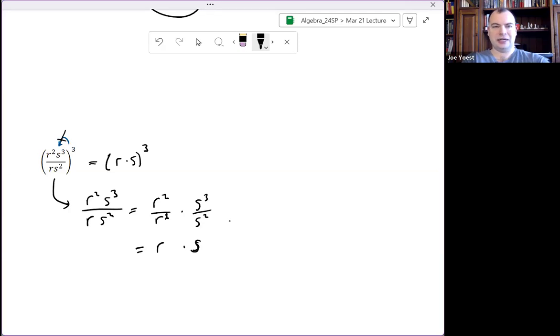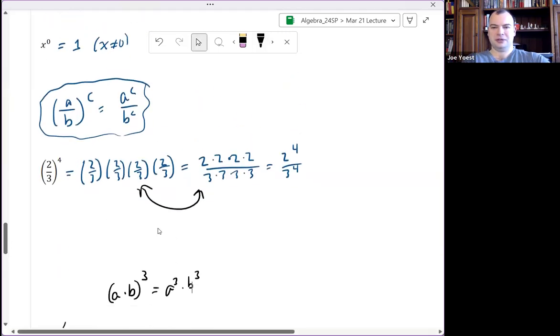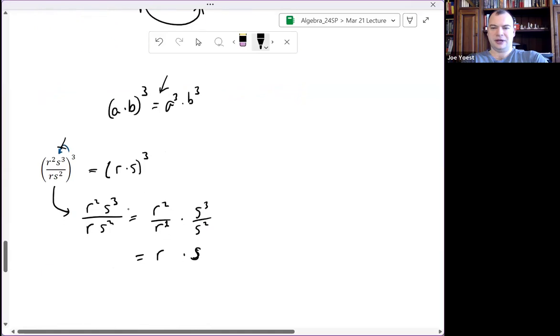So I've simplified a whole lot inside the parentheses before distributing this power of 3. The other thing that I might remember from a previous section is the product to a power property, this essentially distributive property. A times b cubed is a cubed times b cubed. So we have a similar property for quotients and products here.